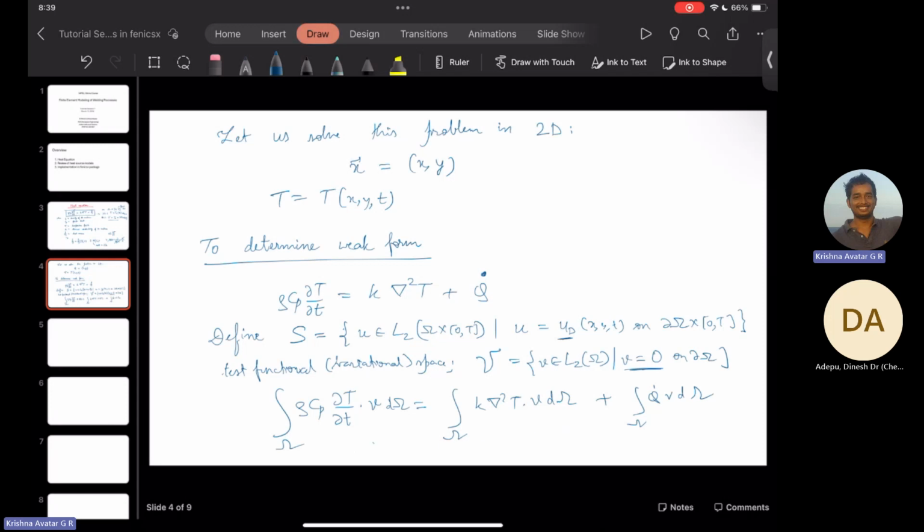Then we would have done integration by parts and applied the boundary conditions, and we would have constructed what we call a weak form. Then we substitute all these expansions and form a matrix system.